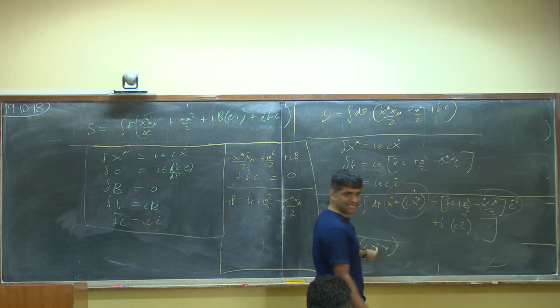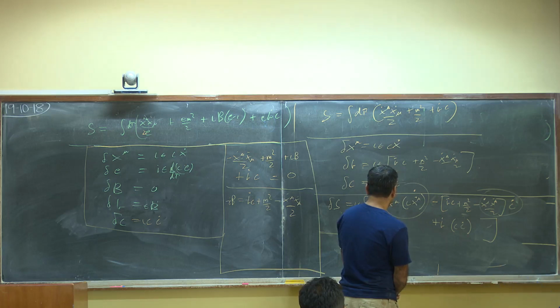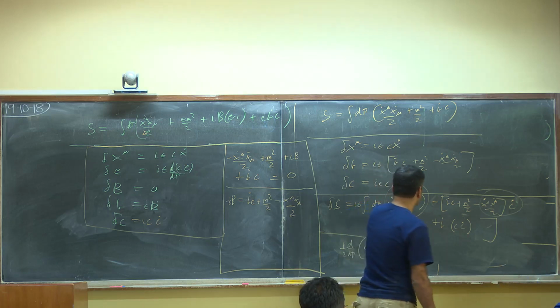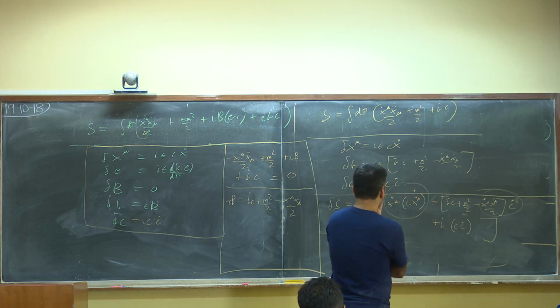And then when this hits the x dot, there's x double dot. There are two ways it can hit: one of the x dot comes out and the other hits it. And what about this extra c dot here? There's no c dot over there.